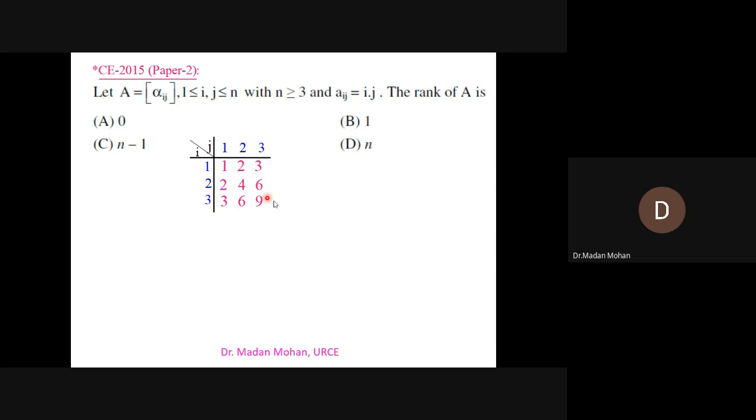Okay. Now, your matrix is red colored. I require the rank of this one. The second row is 2R1. Delete. The third row is 3R1. Delete. Like this, you can delete the remaining. You remain with only one row.